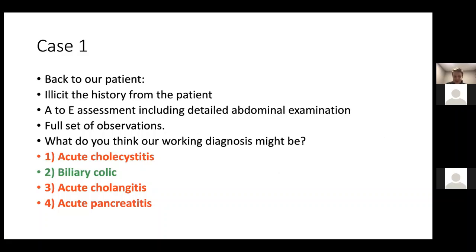Murphy's sign was negative, so it can't be acute cholecystitis. Acute cholangitis presents more with fever and things like that, and acute pancreatitis, classically, like I said before, epigastric pain, might have a history of excess alcohol use. So this patient just had biliary colic.